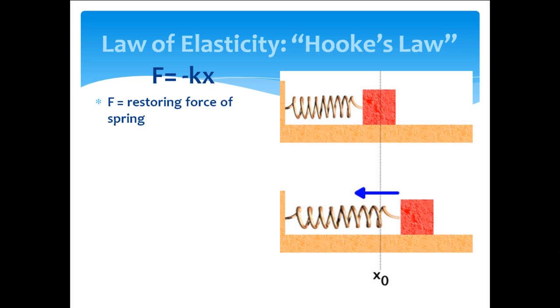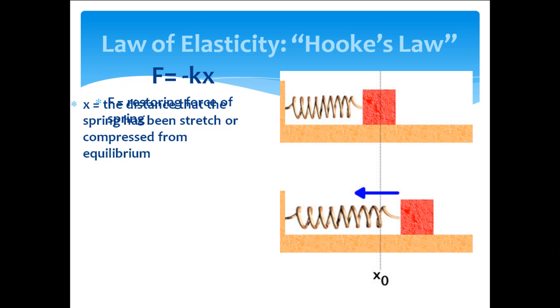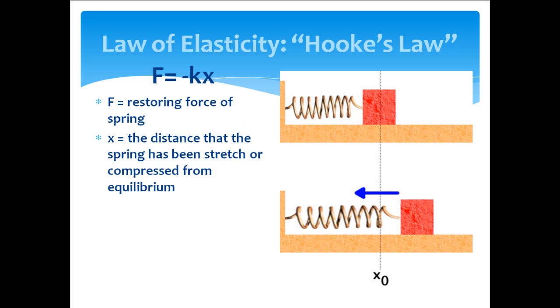And in the equation above, F is the restoring force of the spring. X is the distance that the spring has been stretched or compressed from equilibrium. And k is the only one that is kind of new. k is the spring constant. Each spring has its own k. Some ks are big, some ks are small, but they're all measured in the System International units of newtons per meter.